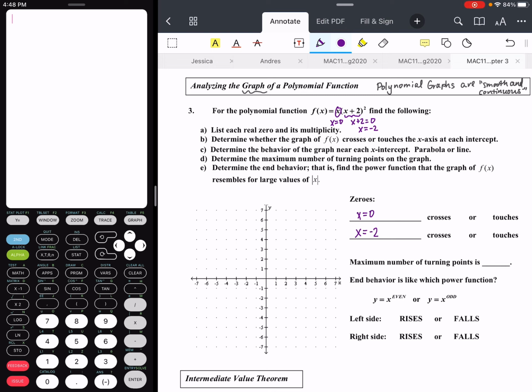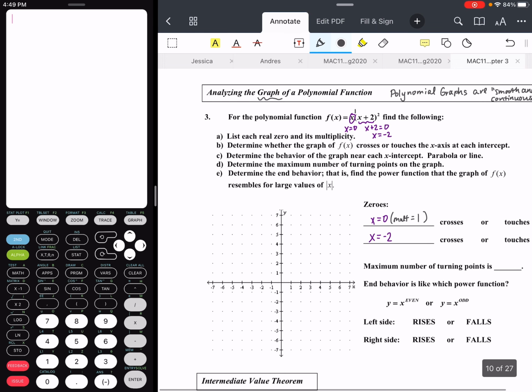The multiplicity for x equals 0 comes from just that x factor with an exponent of 1. So the multiplicity is 1, which is obviously odd. That means it's going to cross the x-axis, behaving like a line.